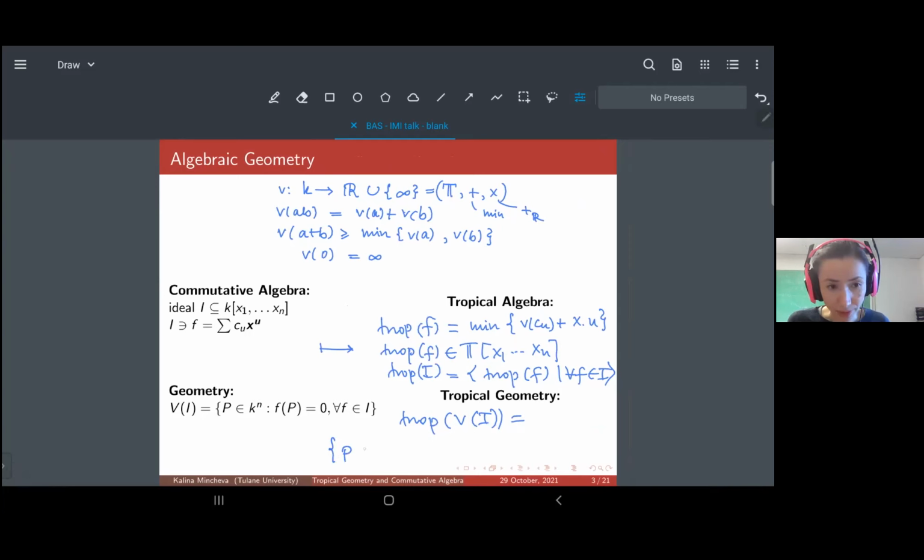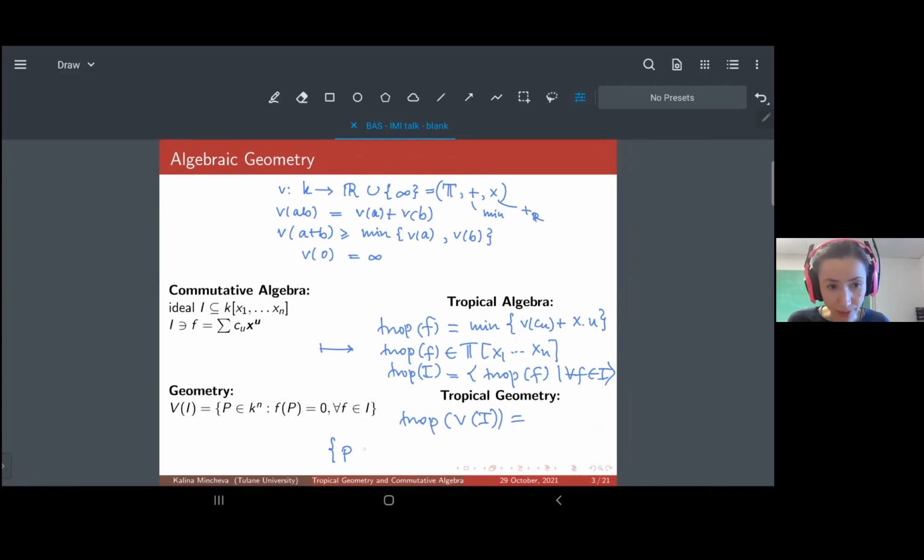There's been a lot of tropical methods used in studying moduli spaces of curves, enumerative geometry like computing Gromov-Witten invariants, Brill-Noether theories, mirror symmetry, and so on, but also outside of algebraic geometry, such as mathematical biology, economics, neural networks, and others. So these methods seem to be very useful in other areas of mathematics as well.